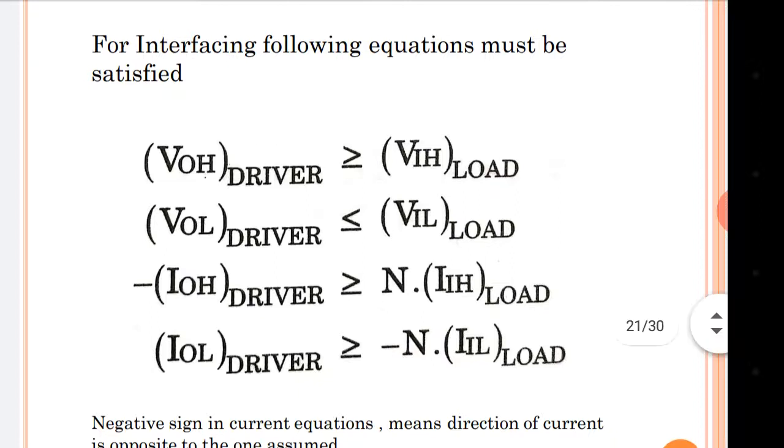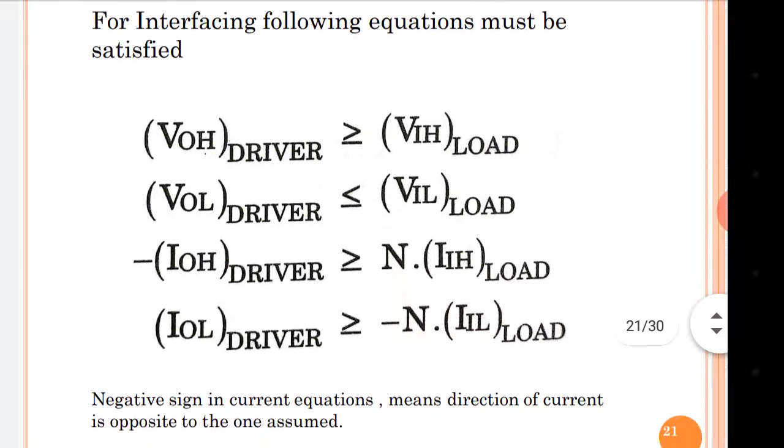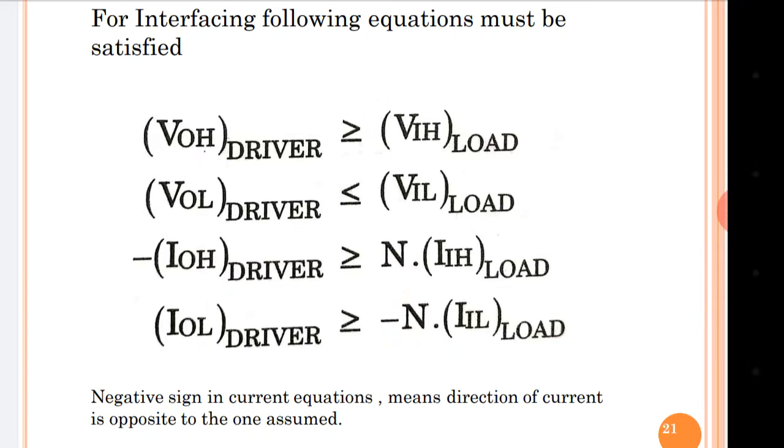VIL is the low level input voltage, and the same for currents. The one which is driving or supplying is called the driver. In equations 3 and 4, the negative sign in the current equations means the direction of the current is opposite to the one which is assumed.